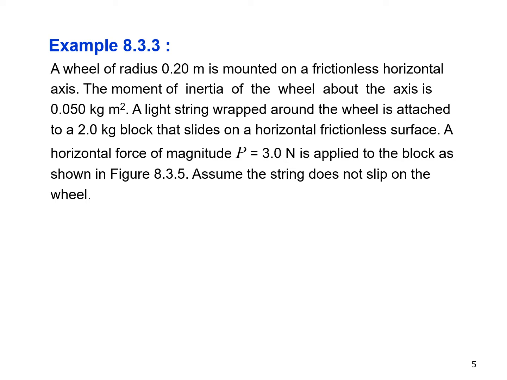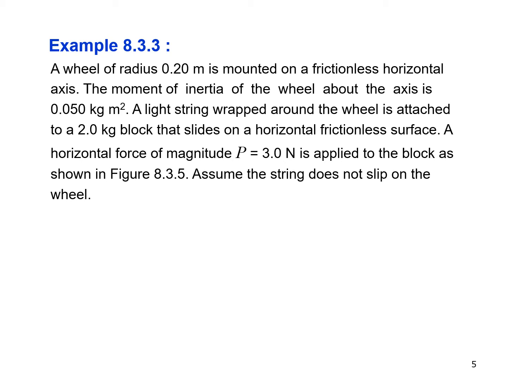Next example we have example 8.3.3. Over here you have a wheel of radius 0.2 meter mounted on a frictionless horizontal axis. The moment of inertia of the wheel about the axis is given as 0.05 kilogram meter square, and you have a light string wrapped around the wheel attached to a 2 kg block that slides on a horizontal frictionless surface.